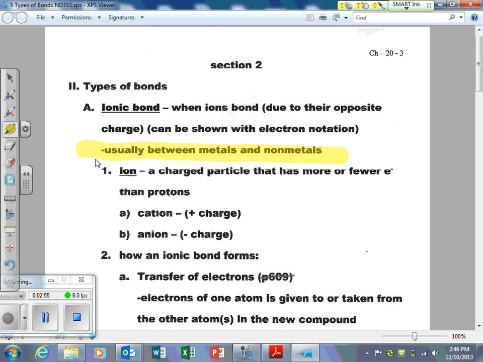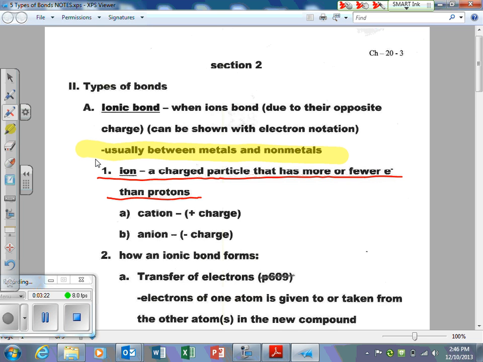Okay, so the definition of an ion is a charged particle that has more or fewer electrons than it has protons. If it has more electrons, is it going to be negatively or positively charged? Negative. If it has more electrons than protons, it's going to be negatively charged.